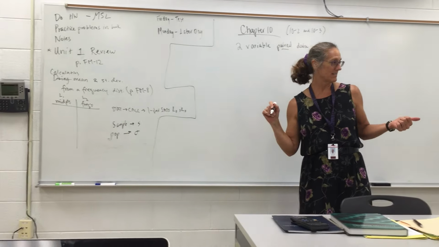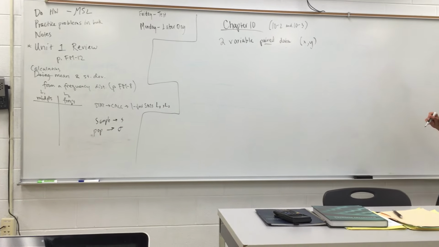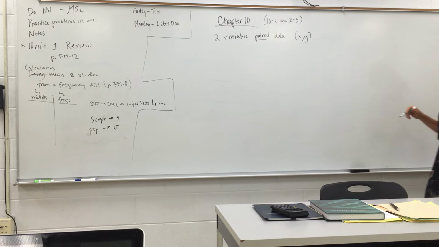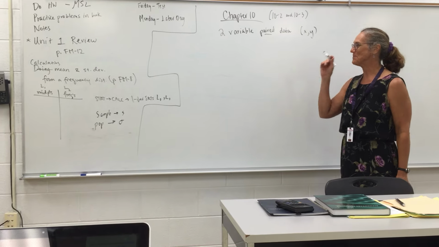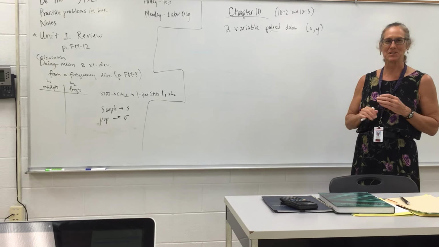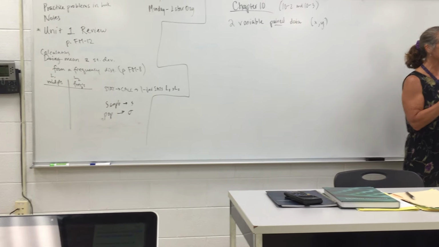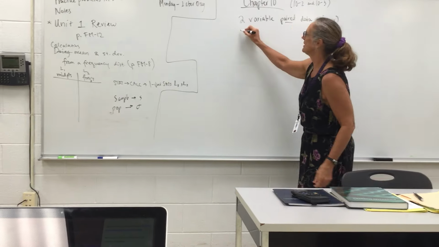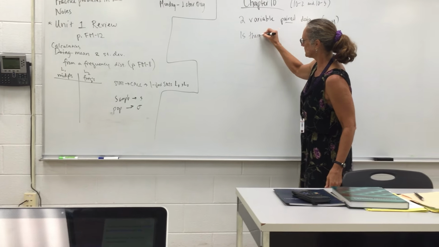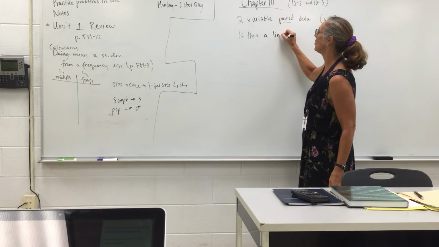We had that in our data, didn't we? Maybe I forgot to collect that from you. We can't see it now anyway, but that's a good example. So we'll look at an example in your book instead. But we've got pairs of data where we're looking for, is there a linear relationship? Is there what's called a linear correlation?